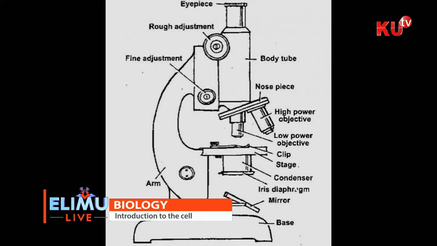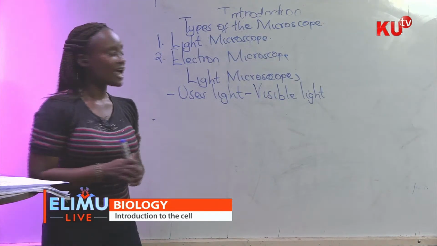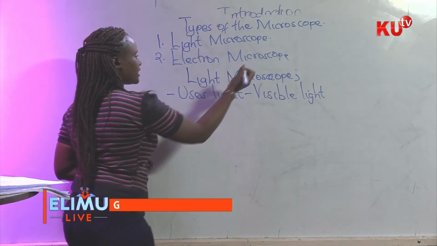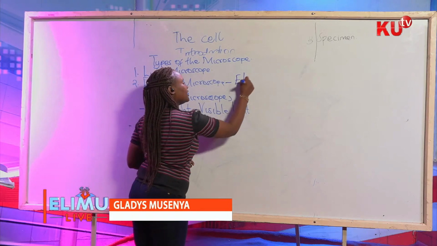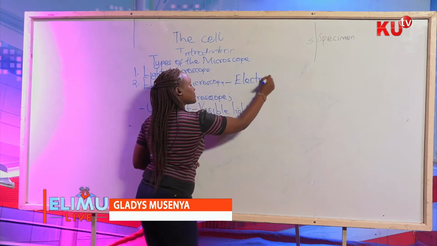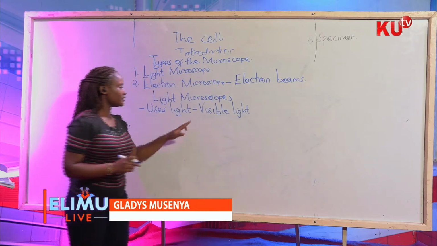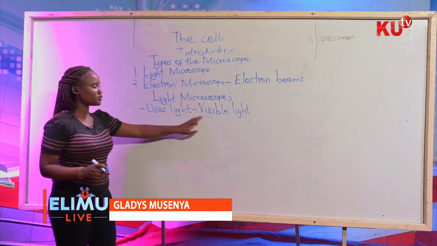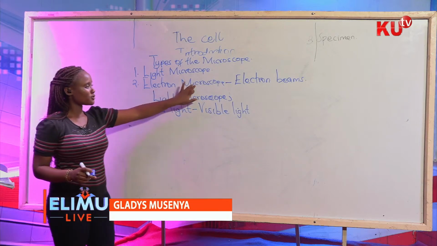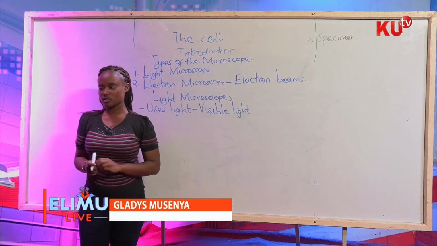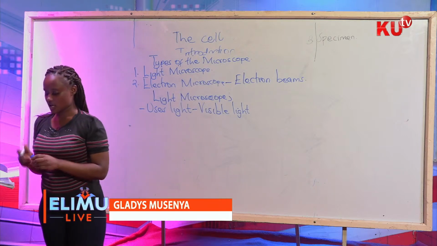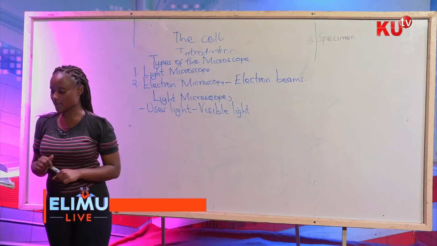In order to see through the light microscope, we have to have visible light. The electron microscope uses electron beams. So the light microscope uses light, while the electron microscope uses electron beams in order to see objects under the microscope.